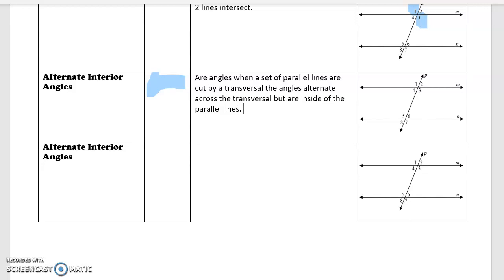So they're inside of the parallel lines, but they alternate across the transversal.